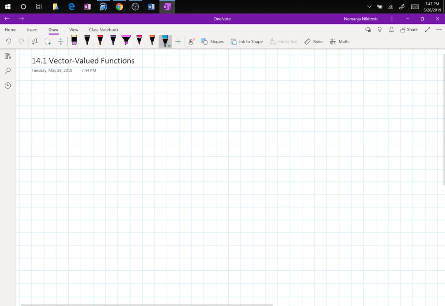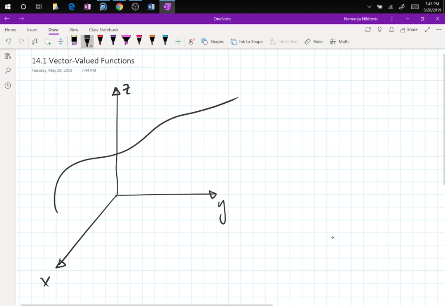So if I have, in my XYZ coordinate plane, some kind of a curve, we can trace a point XYZ using this vector.